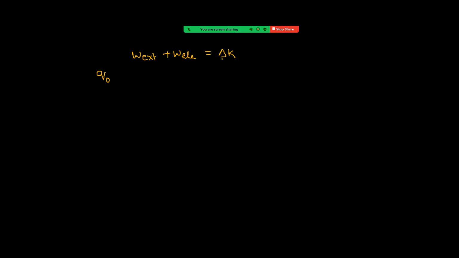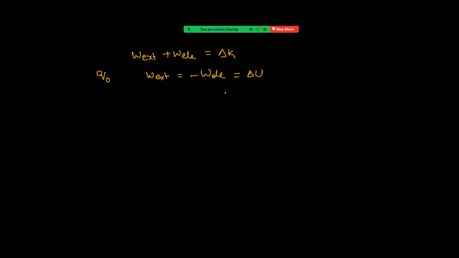That means delta K becomes zero. Then work done by external force is equal to negative of work done by electric force, right? And this negative of work done by electric force is equal to delta U.